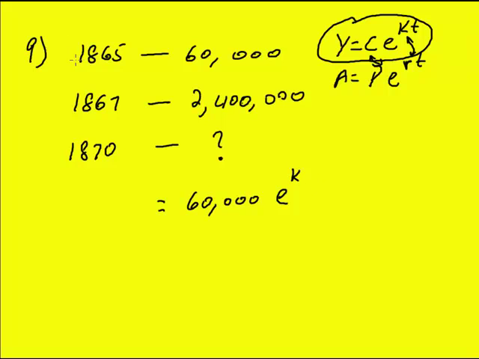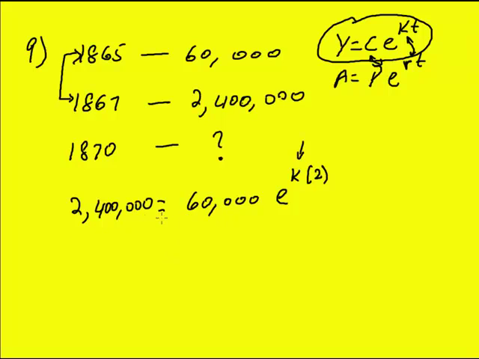But we also know that from 1865 to 1867, that's 2 years. So 2 years later, this thing turns into 2,400,000. Now we can solve for that rate of growth, or proportionality constant.